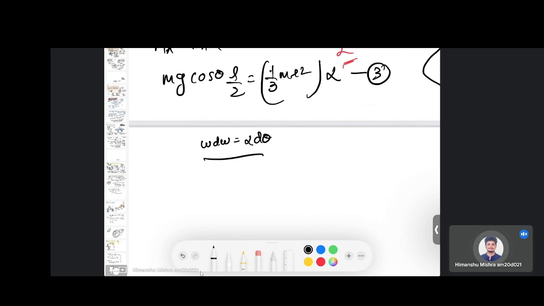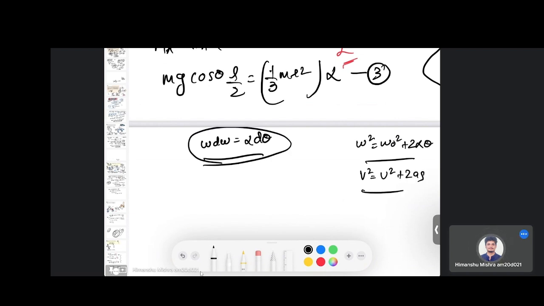From this relation, we derive the equation omega square equals omega naught square plus 2 alpha theta. This is the angular acceleration relation we talked about, and in linear motion it is equivalent to v square equals u square plus 2as. So this is actually derived from this kind of relation.